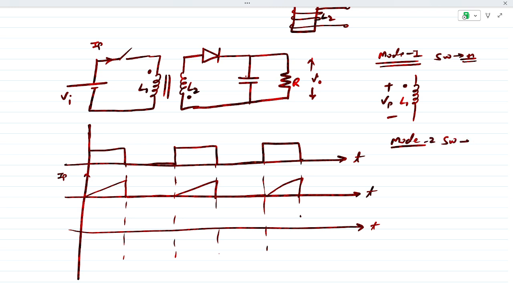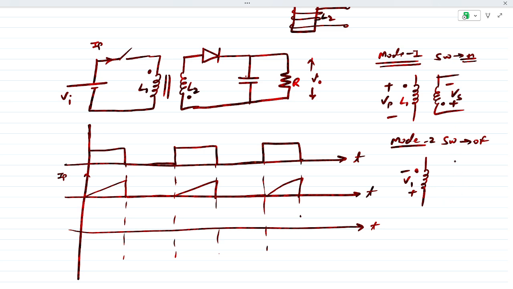Mode 2, when the switch is off, then the voltage appearing across L1 will change its sign, and in L2, the voltage will be just opposite to the polarity of the primary voltage, since the orientation is opposite.